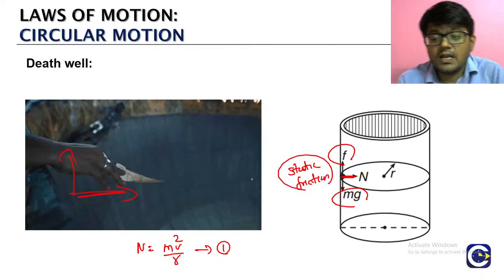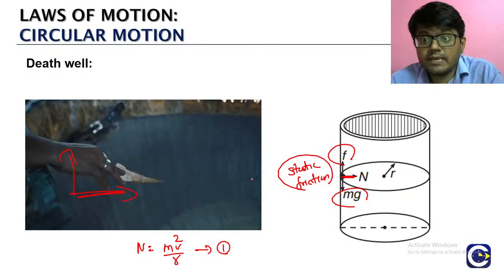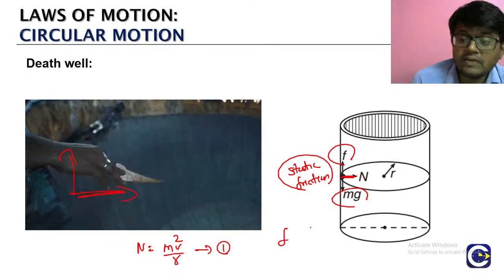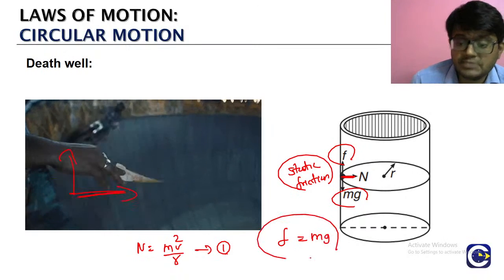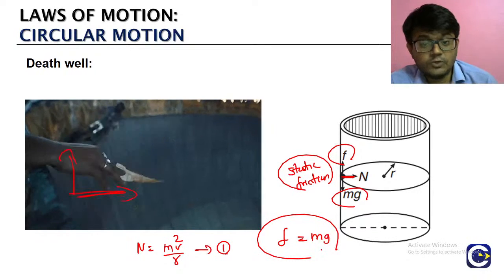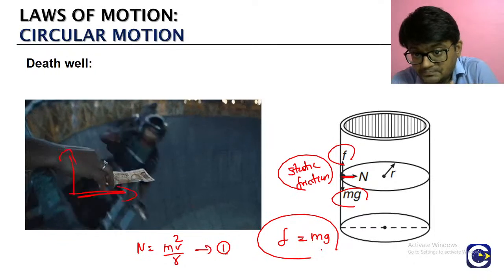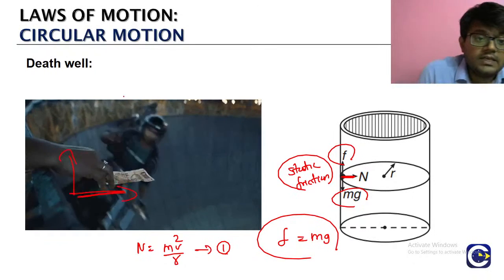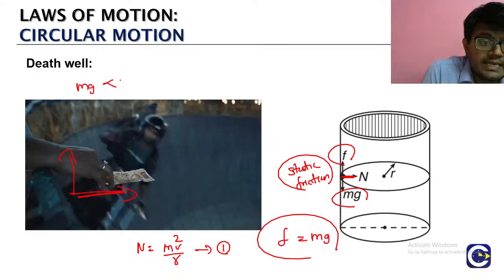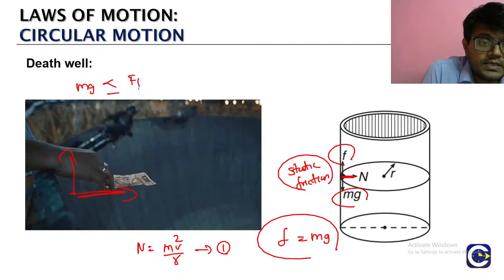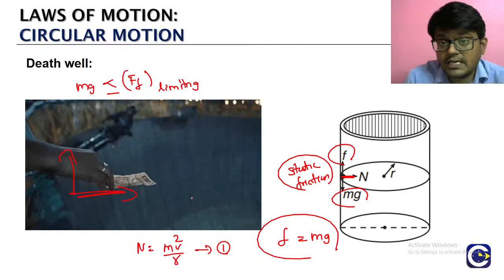Okay, and if there has to be a balance, otherwise they will fall down. If there has to be balance, means what? The frictional force should be able to balance mg. Now for the frictional force to be able to balance this mg, the mg value should be less than or equal to the limiting value of friction, right?